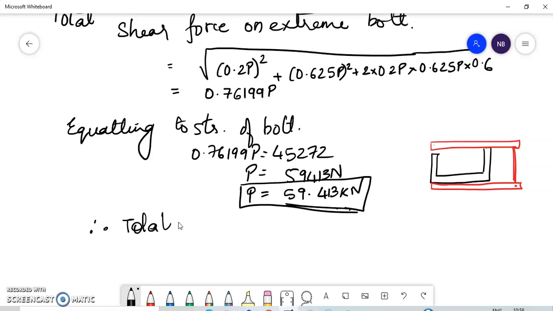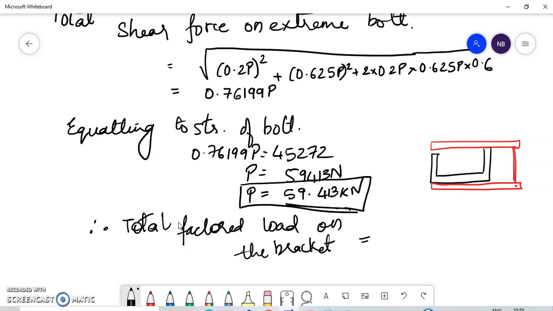So if we need to find the total factored load on the bracket, it would be 2 times the value that we have just got. So it would be 118.426 kilonewton.